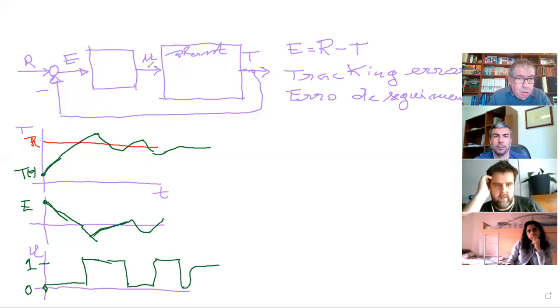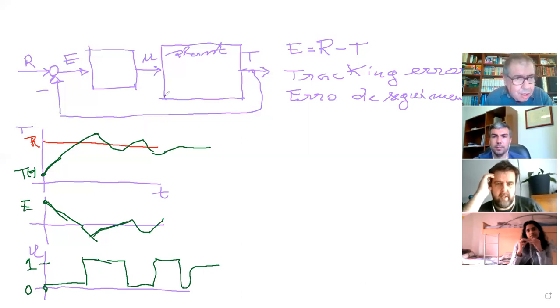So you want to change the valve in a way which is proportional to the error. What mathematical operations do you know? It should be proportional.